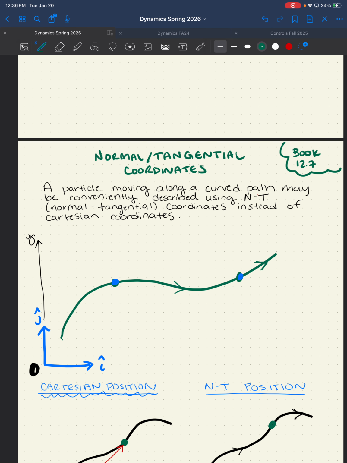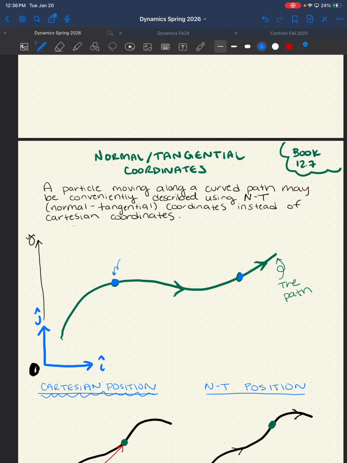Along a path, you have to tell which direction it is going. Is it going to the right and up along that path, or is it going down to the left? That's why I add these arrows. This says this thing is moving up and to the right. The little blue dot is our particle, and I'm just showing it at two different instances in time. This is the particle.